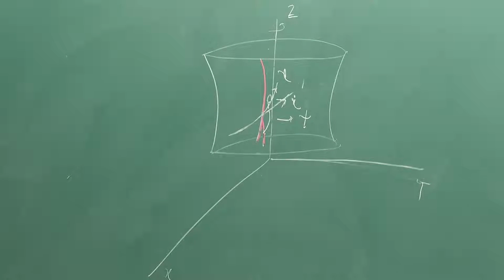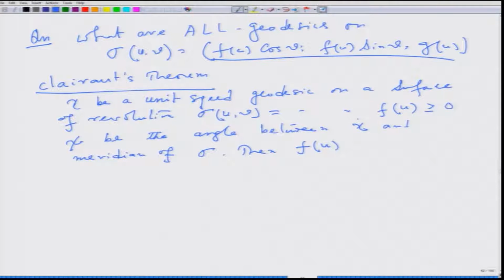First conclusion is then f(u) sin psi is constant along gamma.